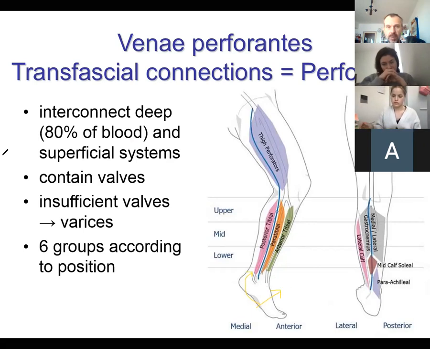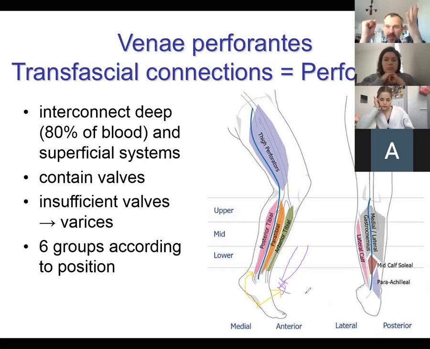And as we know, on the dorsum we have the plexus, and from the plexus we have 2 saphenous veins, great and small. So here we have perforators in the foot without valves, because with every step you just press the blood to the dorsum. The same works in your hand.